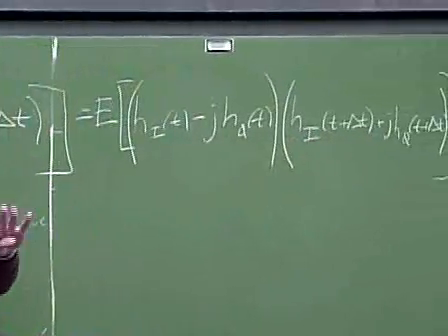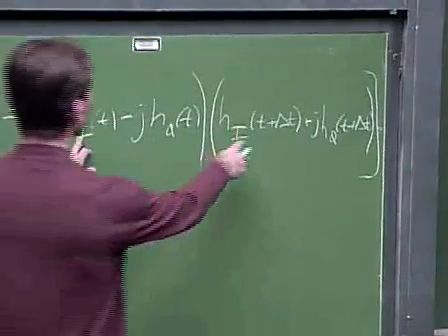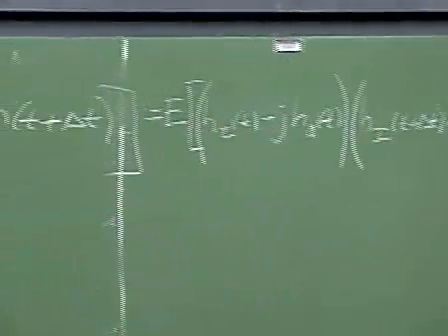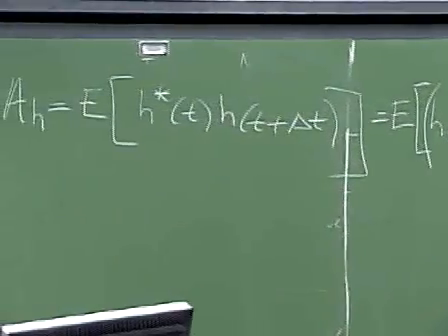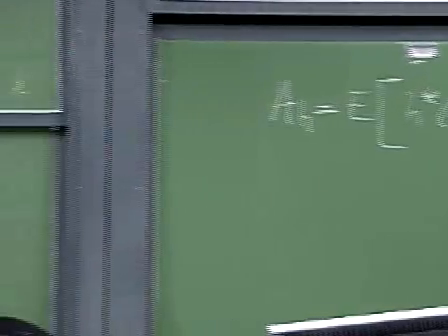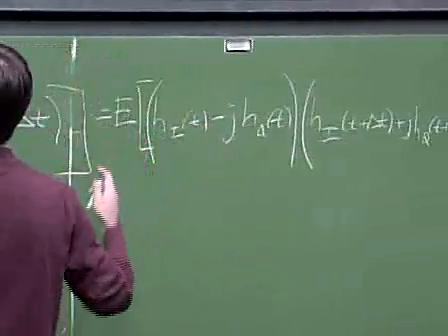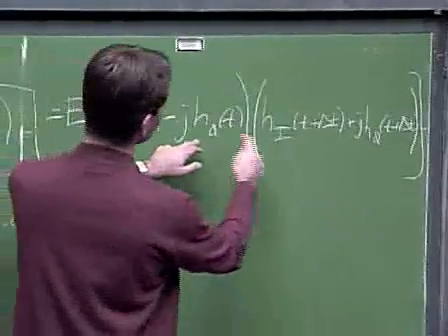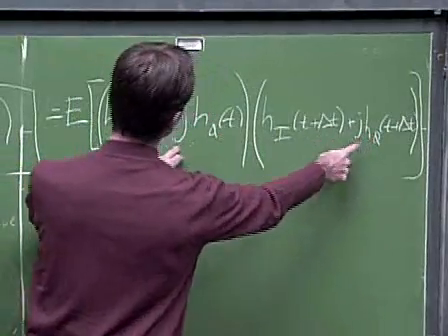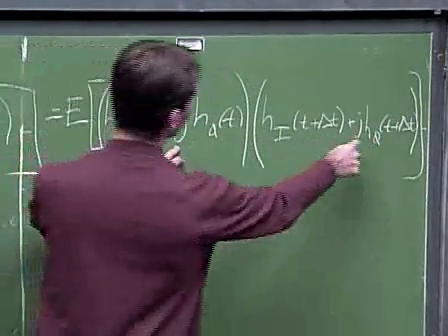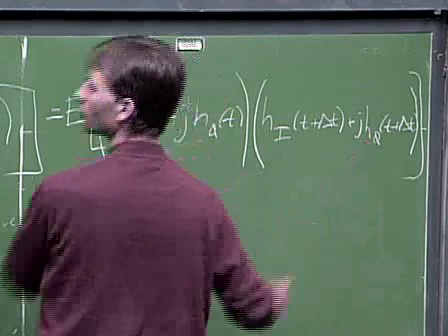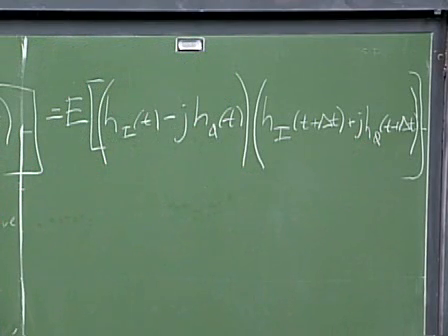We're going to get 4 cross terms, right? The first one is going to give us the autocorrelation of the in-phase component over here, right? So we take this term and this term, multiply them and take the expectation. That's the first term over there. Now we take the imaginary part, so j and minus j is going to give us 1. So we get the product of the HQ is going to give us the autocorrelation of Q. That's the second term over here.